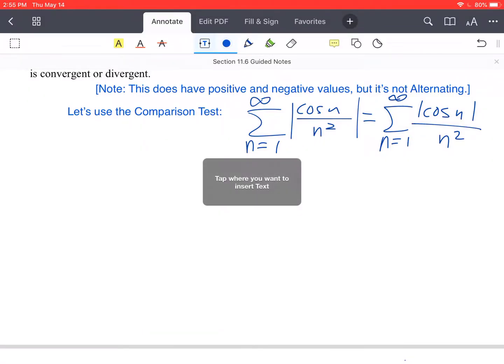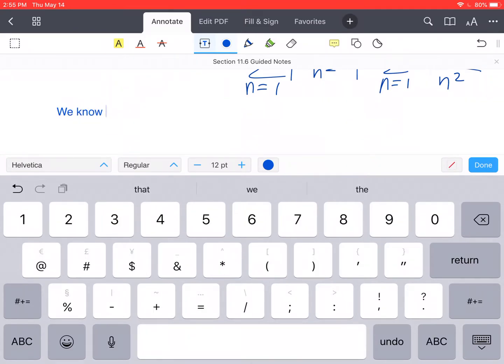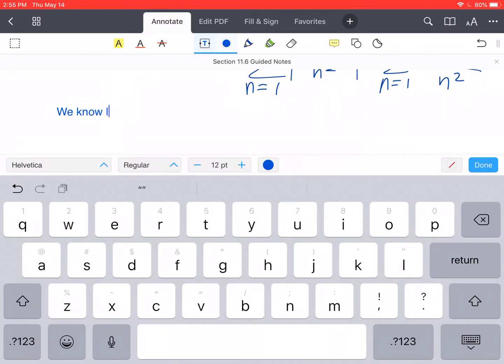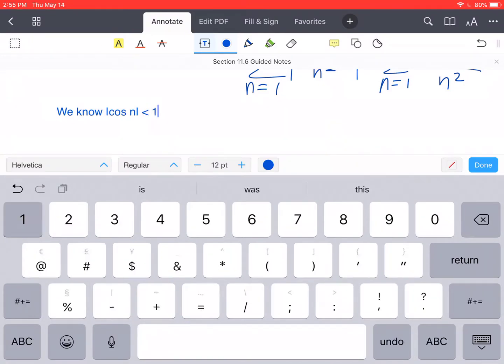Okay, so let's think about what we know for the cosine function. So we know the absolute value of cosine of n must be less than or equal to 1.